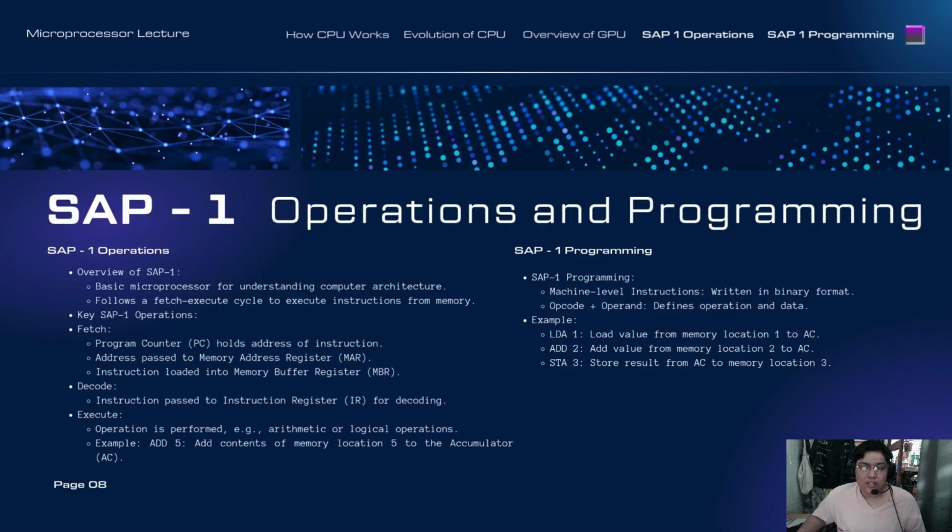Once the instruction is fetched, it is passed to the instruction register, or the IR, where it is decoded to execute the appropriate operation, such as adding or storing values in memory. Once the instruction is decoded, the SAP1 proceeds with the required actions, such as adding or storing data.